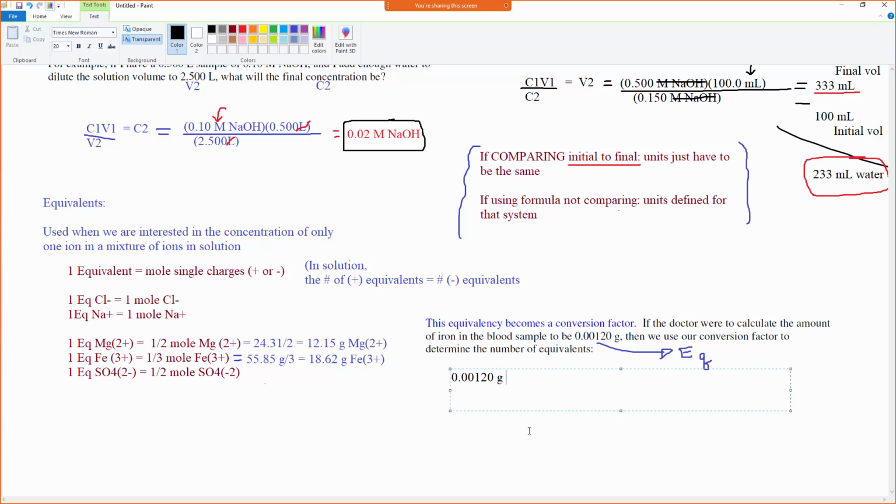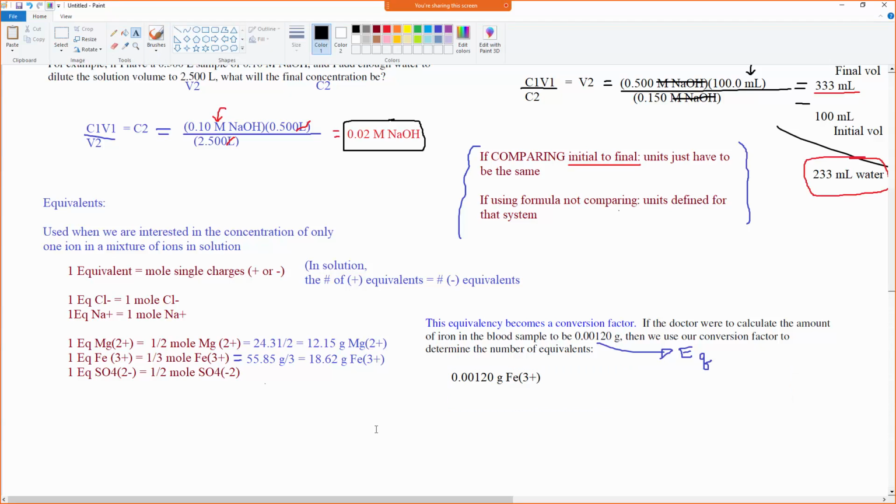Good. Okay, so if we have 0.00120 grams of Fe 3+. Here they say iron, they didn't tell me what ion. That's a critical error, except actually just above this section it does refer to iron 3+. Okay, and then you say, I know that every one equivalent has this many grams in it.